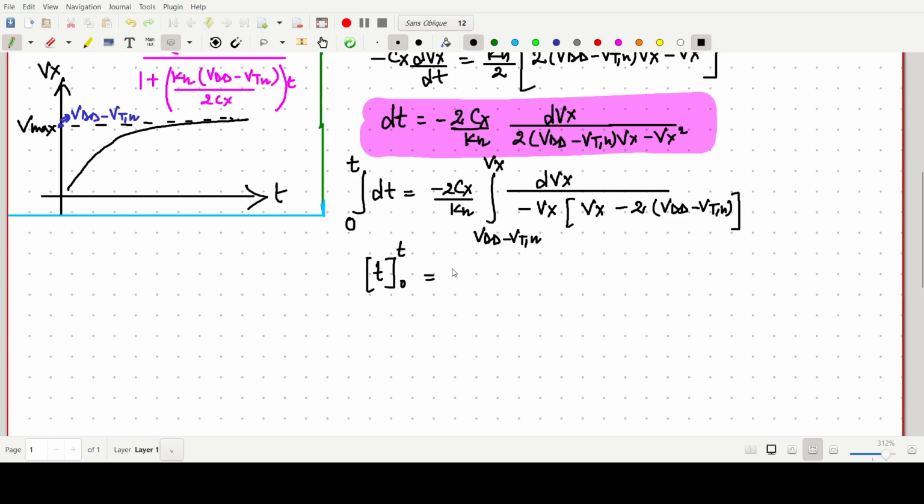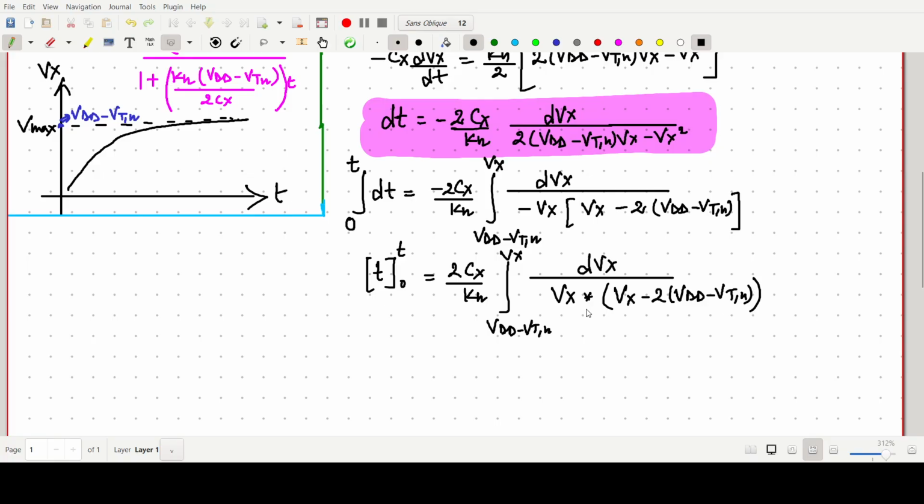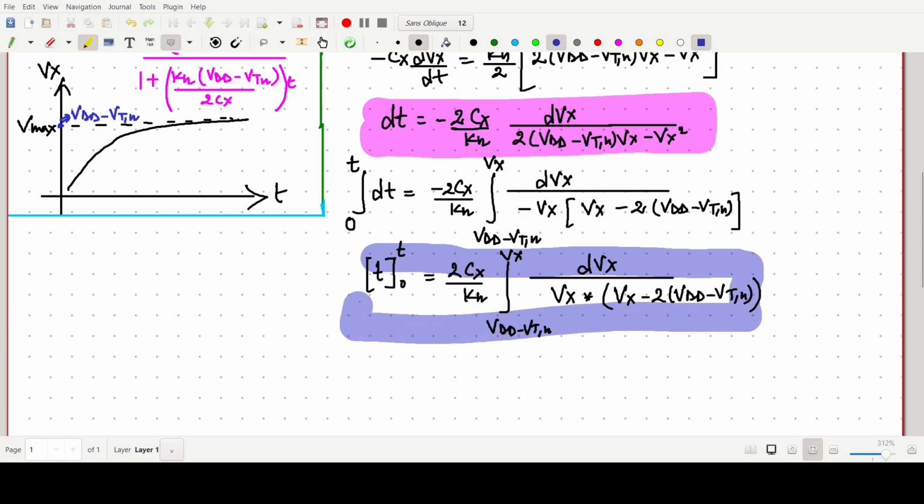I am not skipping any step. Kn, integration again from VDD minus VTN to Vx of dVx, over Vx into (Vx minus 2 (VDD minus VTN)). So this is the integral we have to solve.